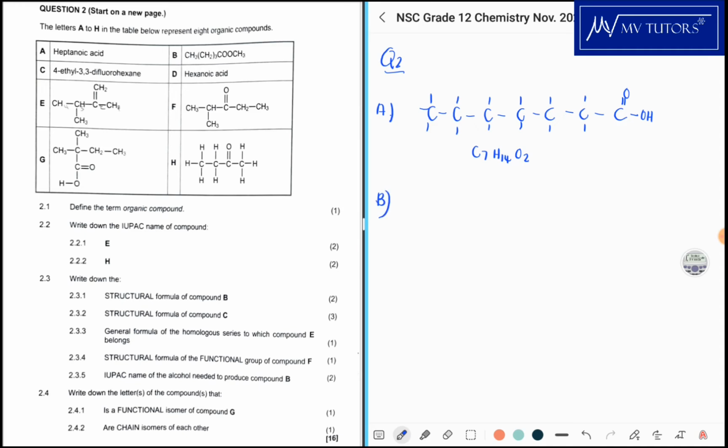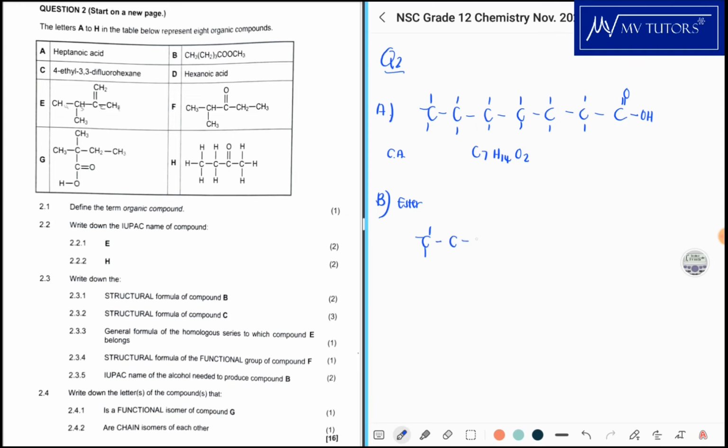So we have that structure over there, and we're dealing with an ester. Okay, so this is a carboxylic acid. This is an ester. Now what is that ester made of? So I have CH3, 1, 2, 3. And then I have 2 carbons.